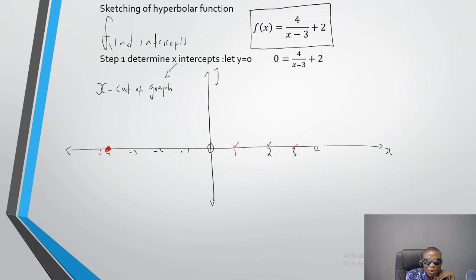This point is exactly on the x-axis, so the value of y here is 0. It means the coordinates of this point are minus 4 and 0.